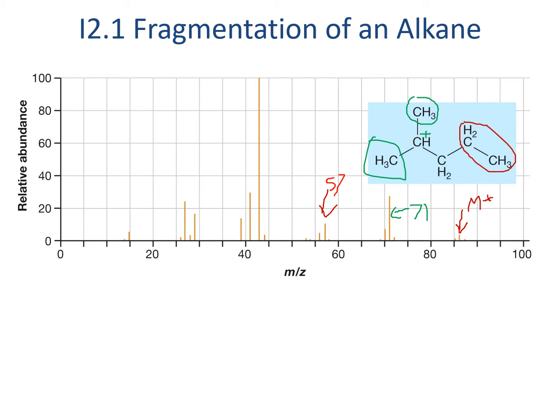And since the carbocation matters more than the other radical, we're actually in much better shape. It's even better if we shave off this entire group though, and then we end up with a secondary carbocation. If we shave off another 14 right here from the CH2, to go 14 lower than 57, we end up with a 43 peak, and that corresponds with these carbons over here with a secondary carbocation. Again, much more stable than the primary carbocation.